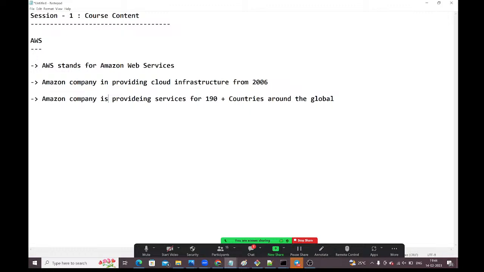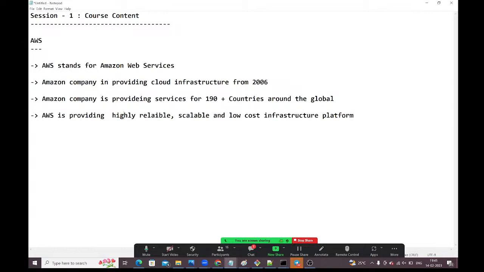AWS is providing highly reliable, scalable, and low cost infrastructure platform.